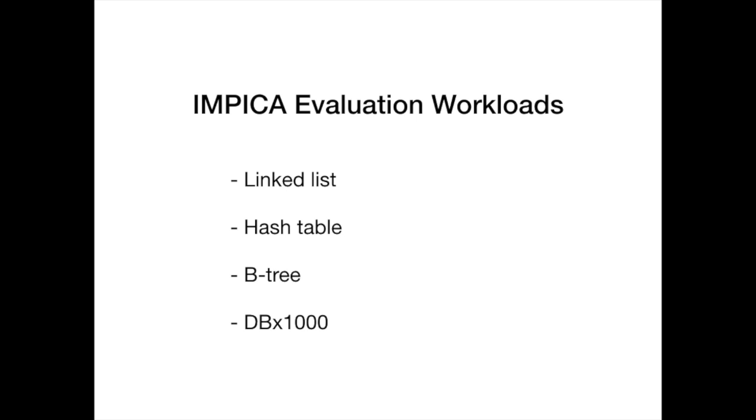For a B tree, they used an implementation of DBx1000 using a 16-way B tree with 64-bit integers as the keys of each node. They randomly generated 3 million keys, inserted them into the tree, and then measured the performance with 100,000 random keys.